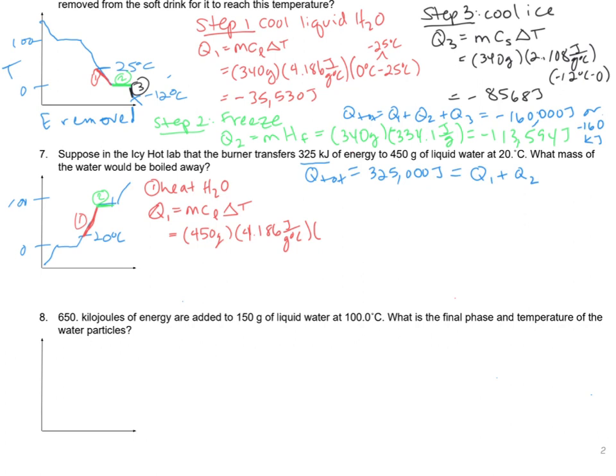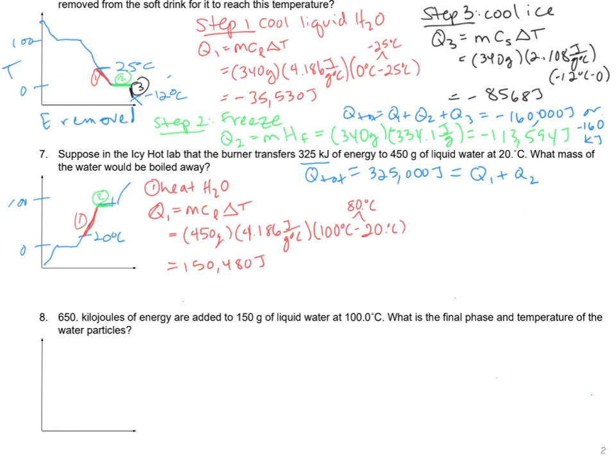And the change in temperature is the final, which is the boiling point, 100 degrees Celsius, minus the initial, which is 20 degrees Celsius. So when we subtract that, we get 80 degrees Celsius as our change in temperature, which gives us 150,480 joules as the energy used in step 1. So that's the energy to heat up the water.